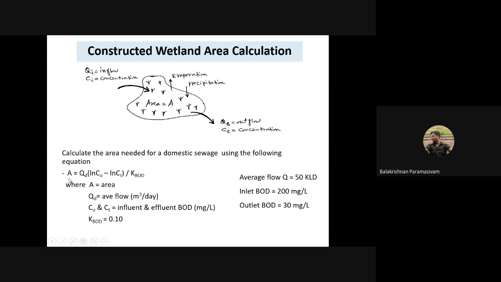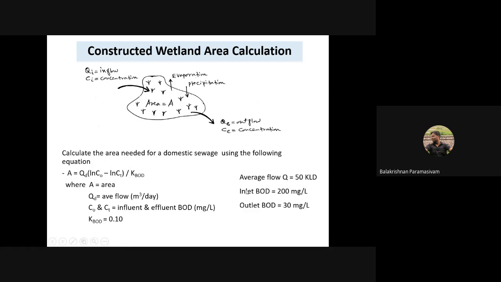So the general formula is area of the constructed wetland. It's a thumb rule only, it's not a correct value. It will be ln C0 minus ln CT divided by K_BOD. I have given an example: 50 KL, that means 50 meter cube per day of sewage is generating.